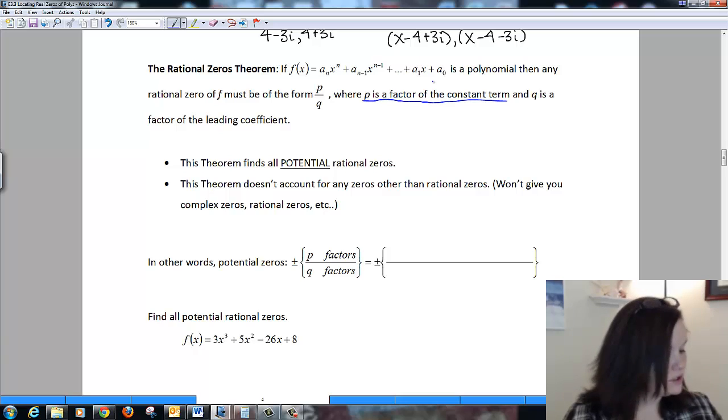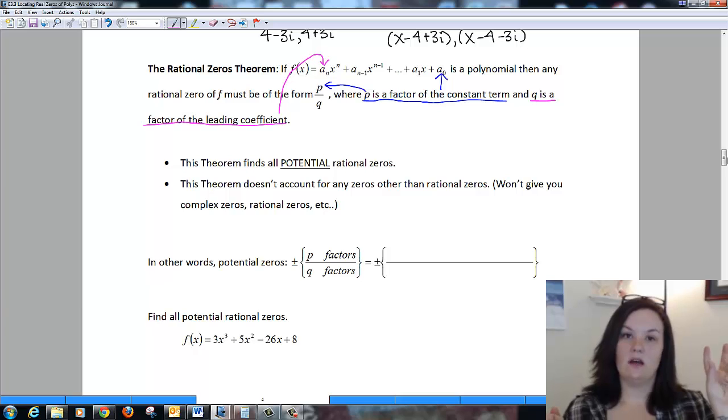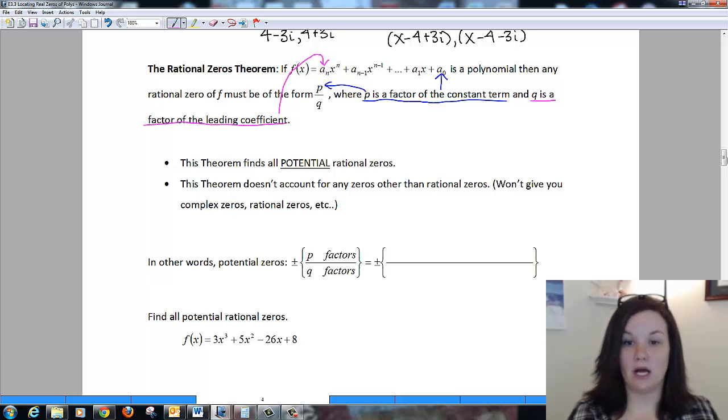The constant term in this case is a naught. Whatever that constant term is, that's what we're calling p. And then q is the factor of a leading coefficient. So remember, the leading coefficient is this first a sub n number part of the highest degree term. So all we have to do is look at our leading coefficient and our constant term, and we just divide their factors, and that tells us all the potential rational zeros, or all the possible ones.